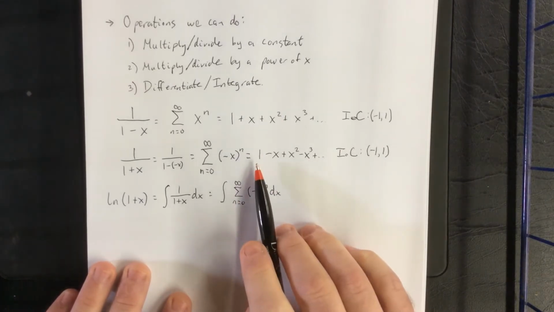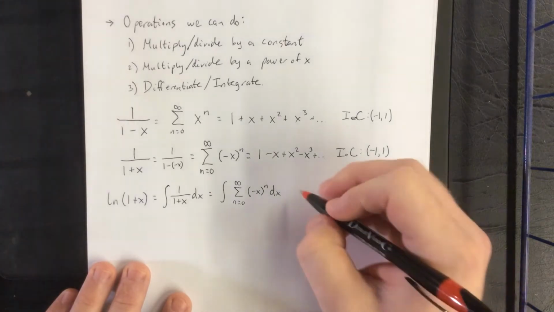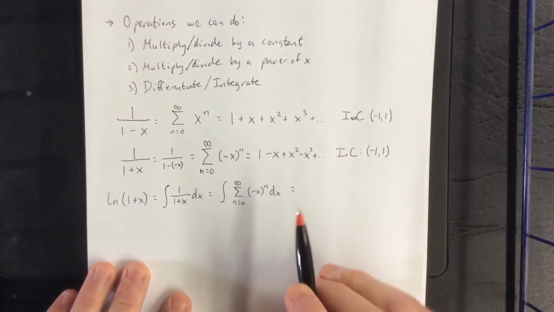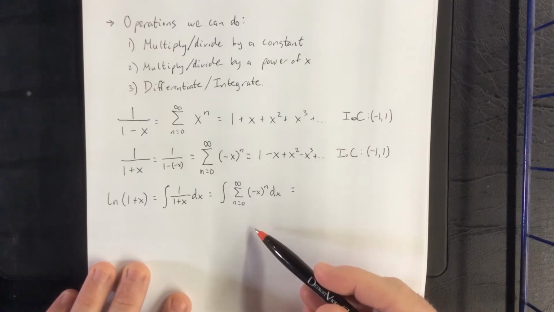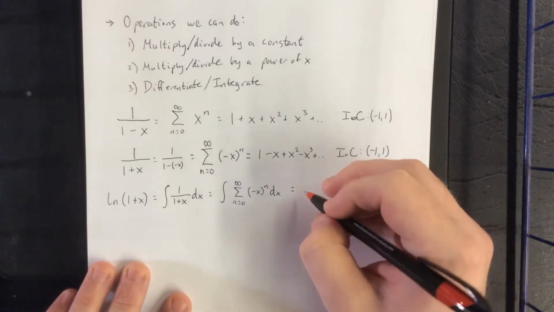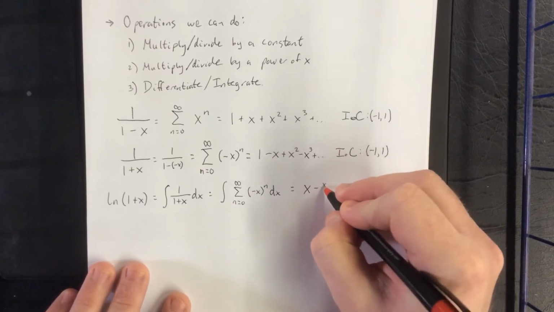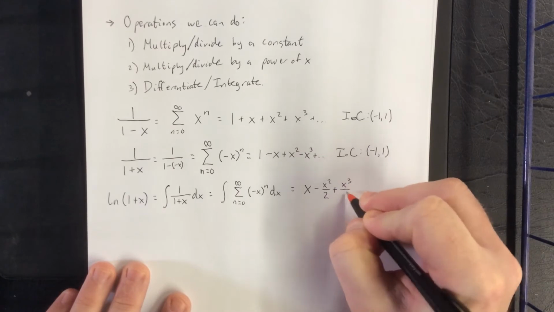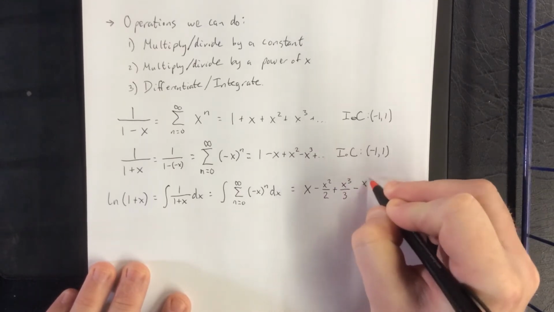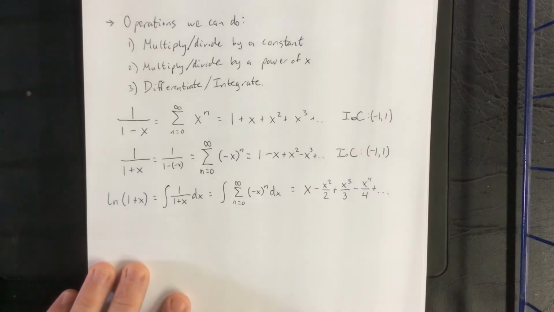What we could also do is point out that if we go through term by term, things should work out pretty well. So we'll represent this two different ways. We'll do the term by term over here, and we'll do what it becomes in terms of the power series down here. So 1 would become x, -x would become minus x squared over 2. Then we get plus x cubed over 3, minus x to the 4th over 4, plus and so on.